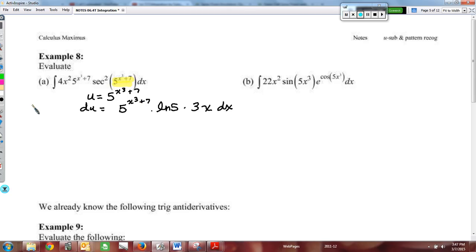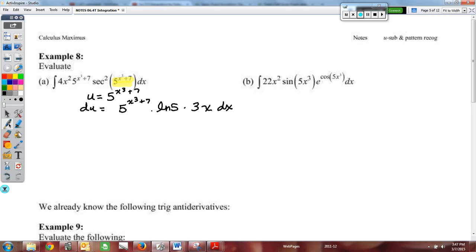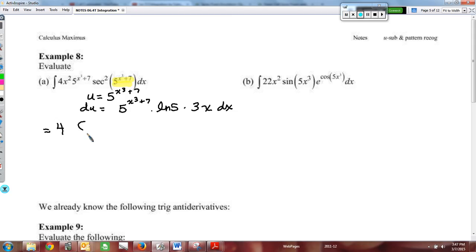So then I start looking here and I see that I have a 4 here, and there's no 4 here, so that must be a writer. So I'm going to pull that out. So I'm going to do 4, and I like to leave some space in case I have to add some things in. Oh, and that should be x squared, because the derivative of x cubed is 3x squared.